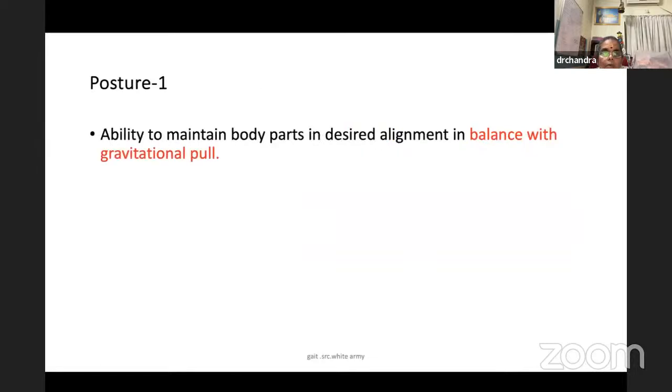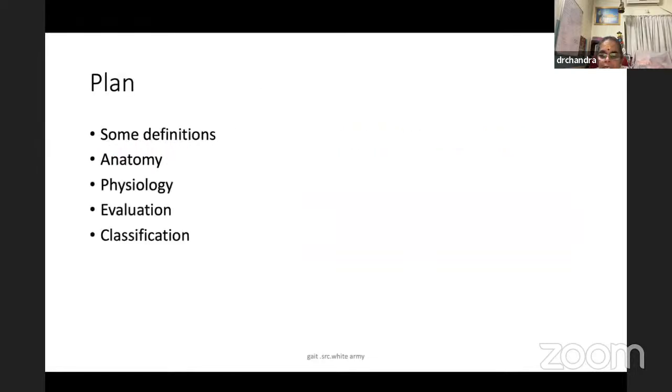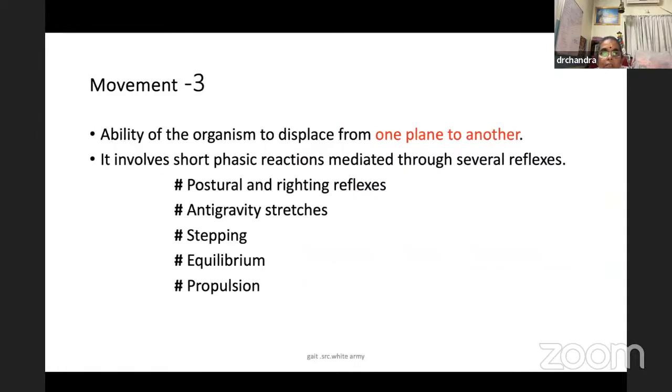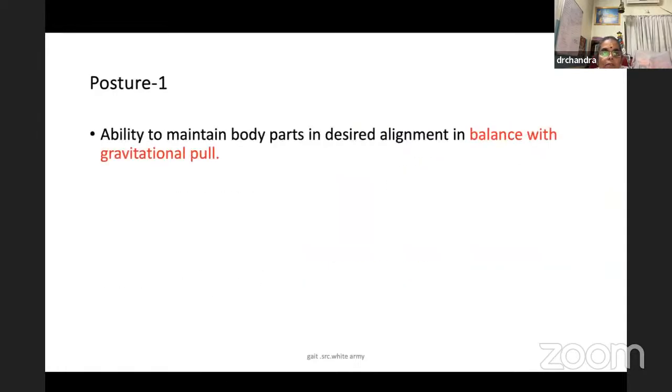So first, gait has to start from a posture. And posture is the ability of the organism to maintain body parts in desired alignment in balance with the gravitational pull.